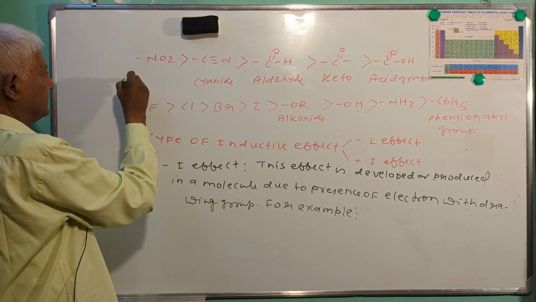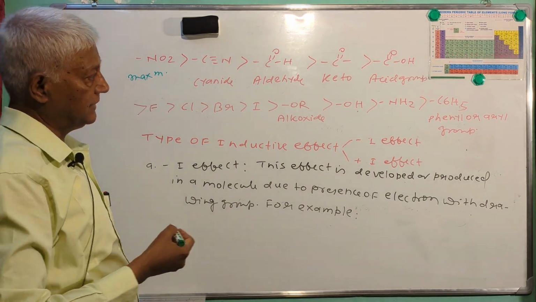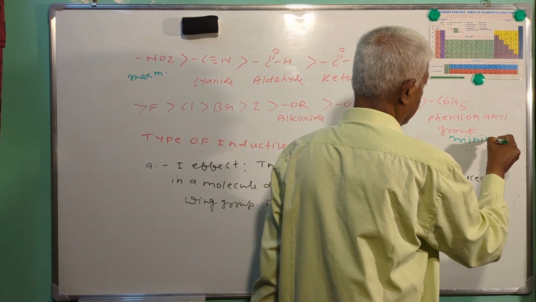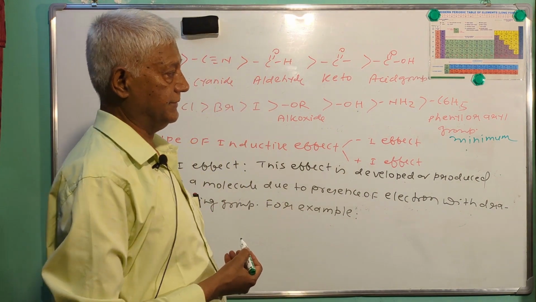So, in this order, the first has maximum electron withdrawing nature and the last has minimum electron withdrawing nature.